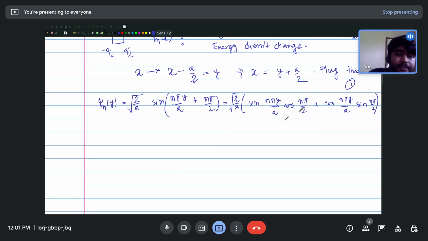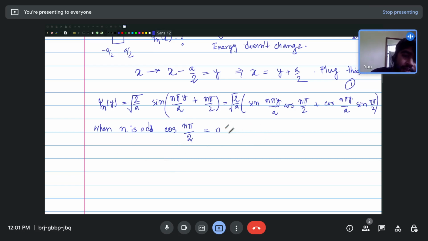This might seem a little complicated, but consider the cases. When n is odd, cos n pi by 2 is actually 0, like cos pi by 2 is 0, cos 3 pi by 2 is 0, and sine n pi by 2 is nonzero.